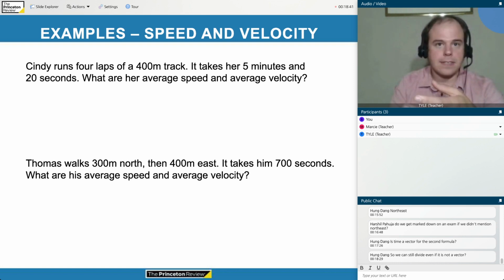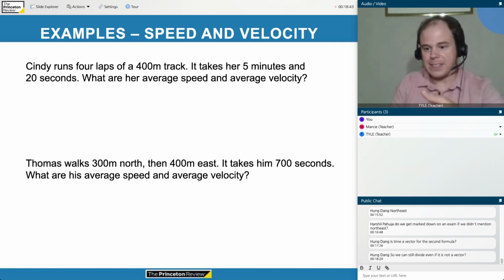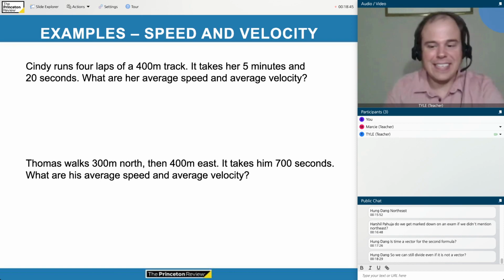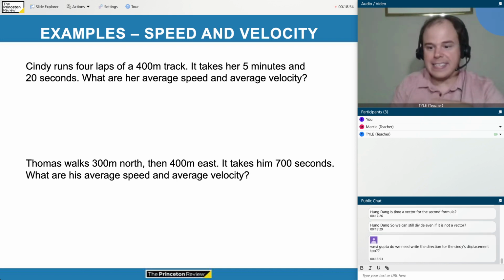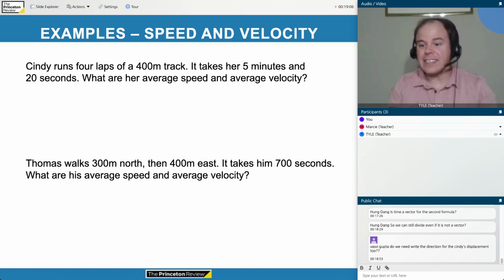Vectors can be divided by scalars. It works the same way numerically as division ordinarily works, and the result will still have the same direction as the initial vector. So if you have a vector which is 10 meters per second to the east, and you divide it by 2, your resulting vector is 5 meters per second, still to the east.